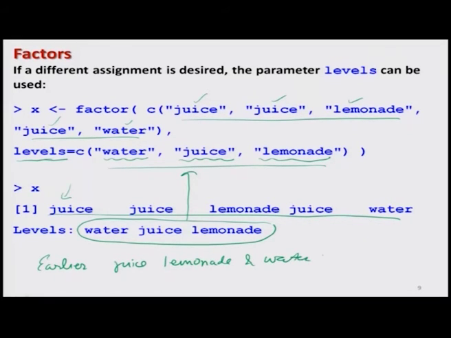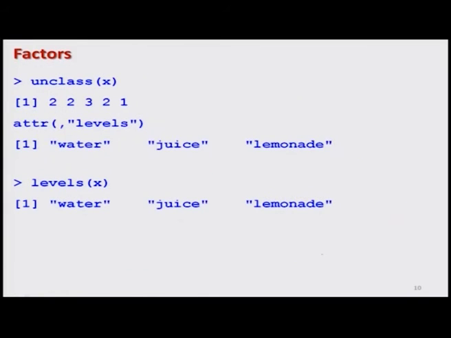This was the ordering, but now this ordering is changed. So, if you want to change the order of the labels, it is possible. And in the same example, if you want to unclass it, then you get this type of vector, and it is showing that the labels are now water, juice and lemonade. That means water is indicated by 1, juice is indicated by 2 and lemonade is indicated by 3.